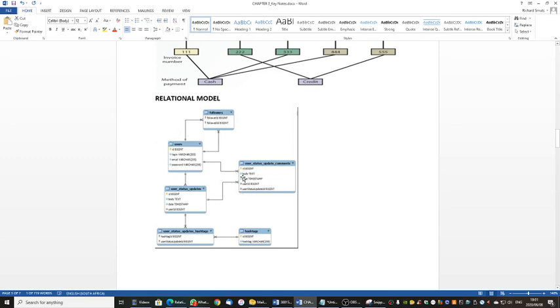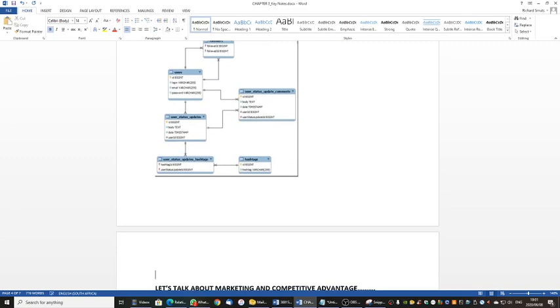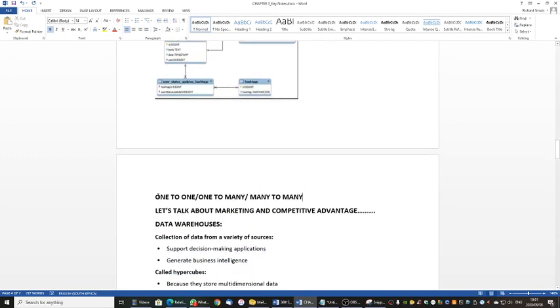So I'm not going to go into too much detail on that, but we have different types of relationships. We will have one-to-many, one-to-one, and you can think of this if you think about families.